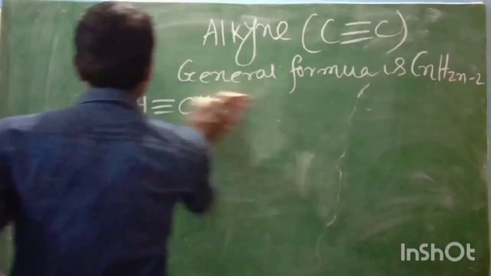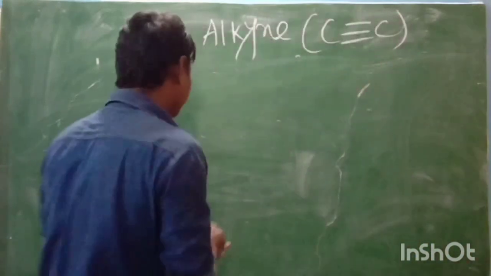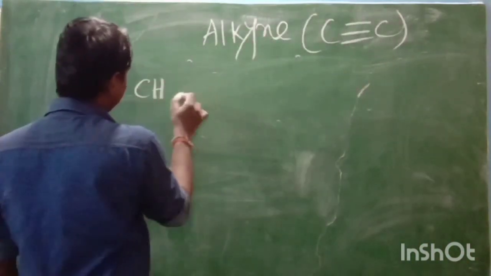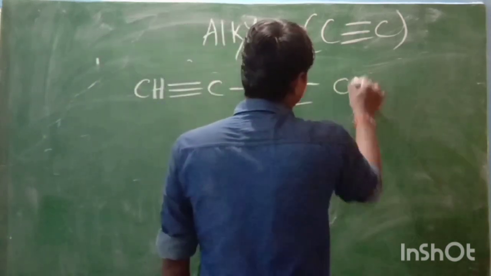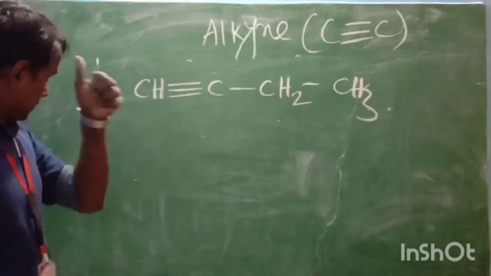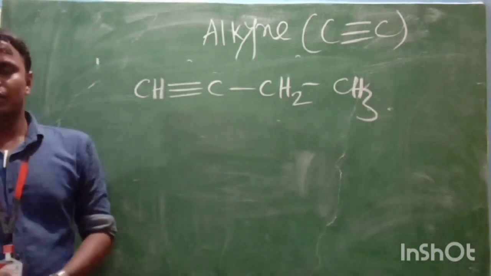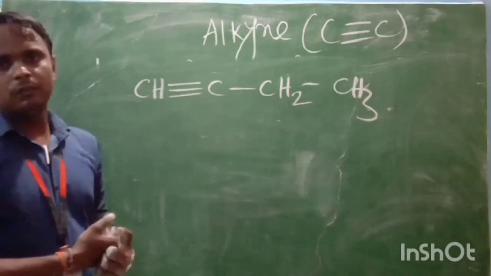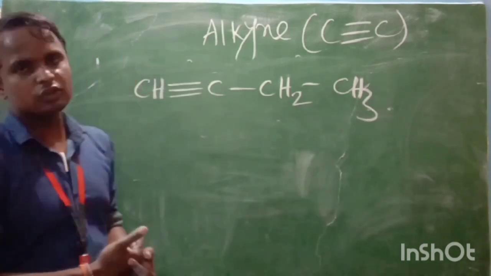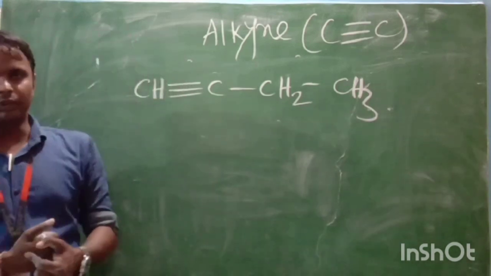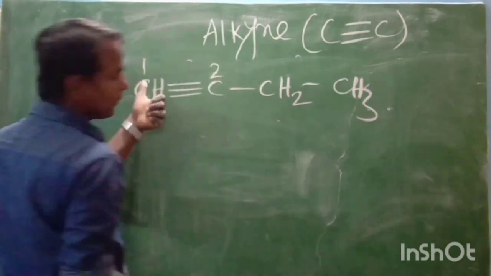Now we explain the nomenclature of alkynes. Let's start from this example. Here we also remember that the numbering will start from the side where the triple bond comes first.